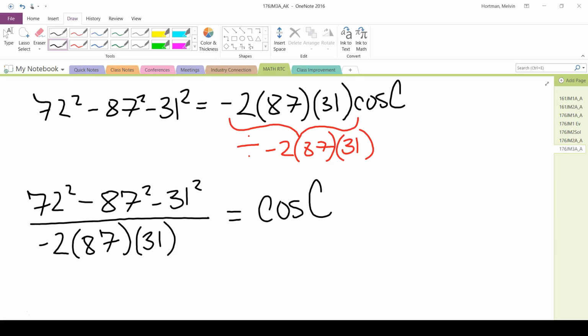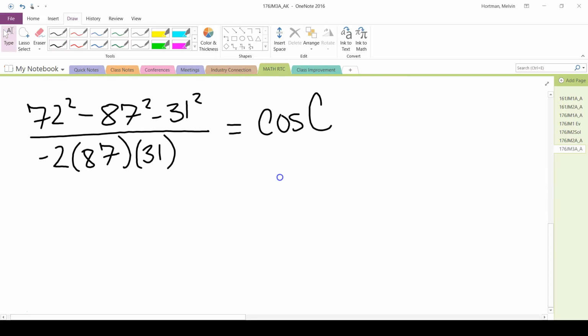And we just have one more thing that we need to do to get C completely by itself. We need to take the inverse cosine of both sides.